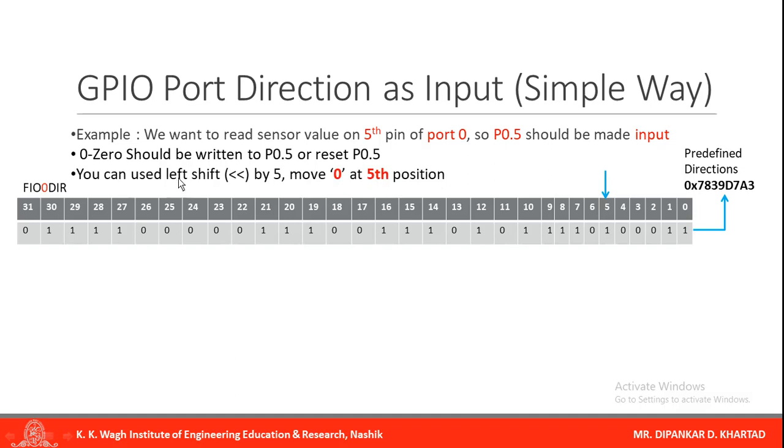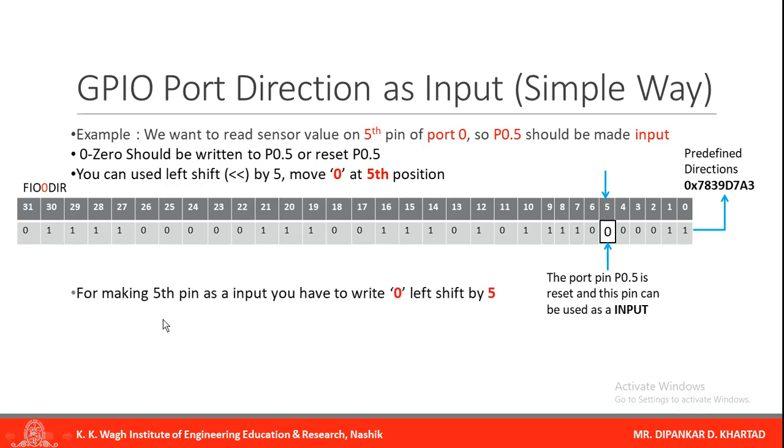Now you can use the left shift operator by 5, so move 0 to the fifth position. You have to use the left shift operator. So now the port pin P0.5 is reset and this pin can be used as an input.